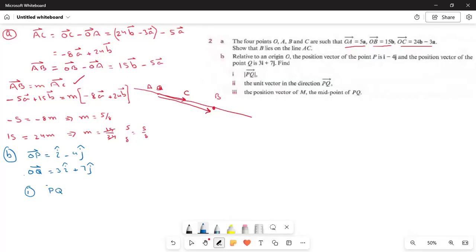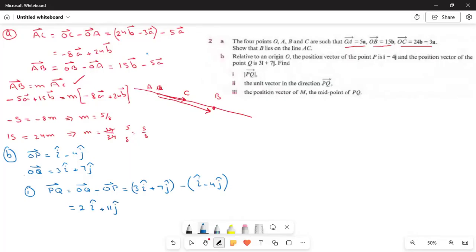So this vector PQ is OQ minus OP. OQ is 3I plus 7J and minus OP is I minus 4J. If I simplify, 3I minus I is 2I and 7J plus 4J is 11J.